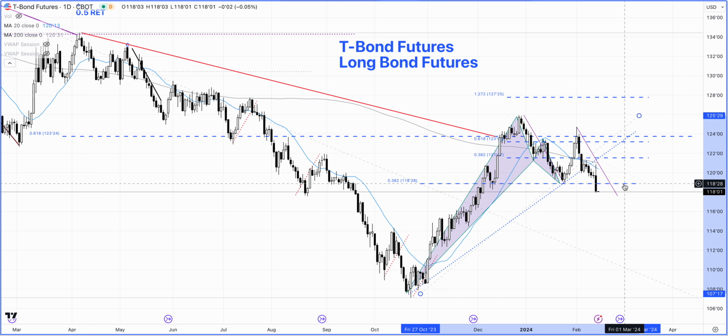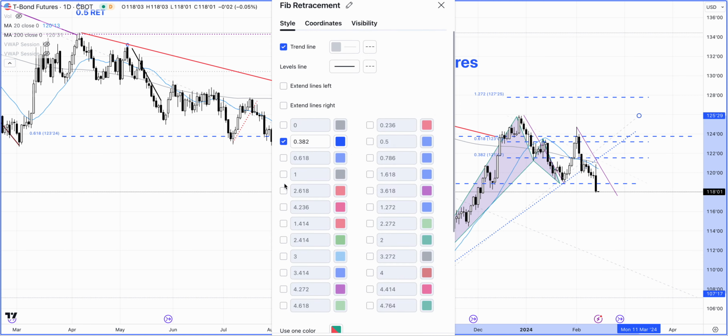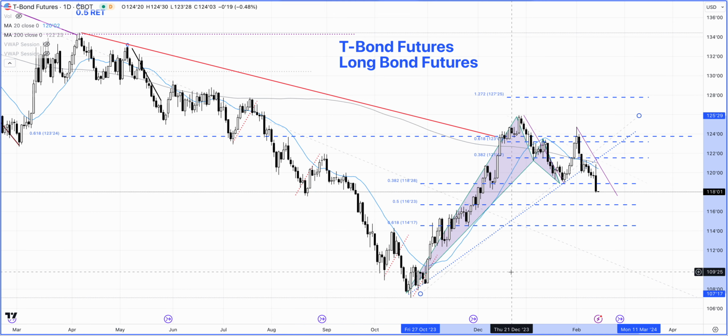And in terms of the retracement, just putting out these retracements here, it will be between the 38.2% and 50% retracement. So we are pretty close to 117 and 16 32nds, and it could go a little bit lower as well.